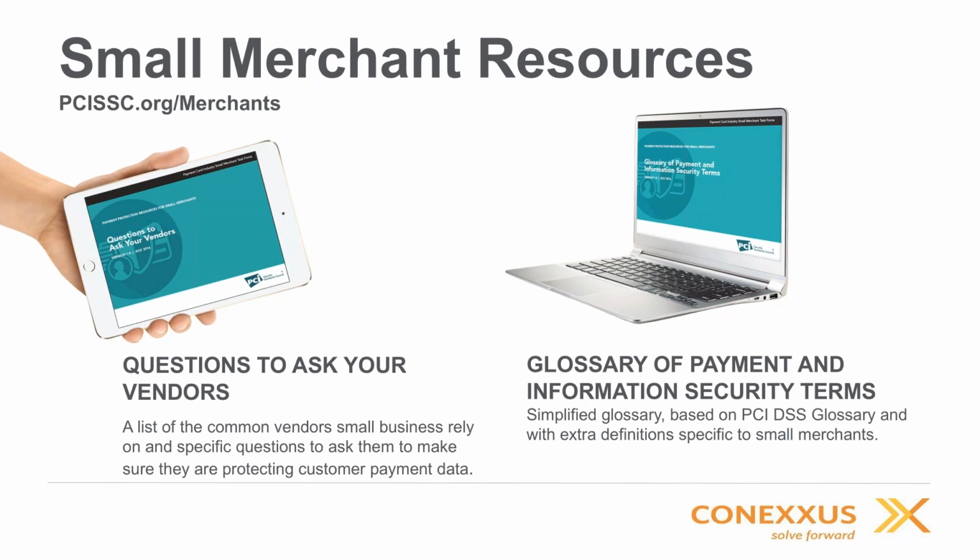It was derived from our PCI DSS glossary, but we simplified some of the definitions where needed, because if you've taken a look at our standards, it gets really complex, and there are a lot of technological terms that may not necessarily be understood by a single owner operator. So we also added specific definitions for small merchants in this glossary as well. For example, PCI DSS compliant and then PCI DSS validated.